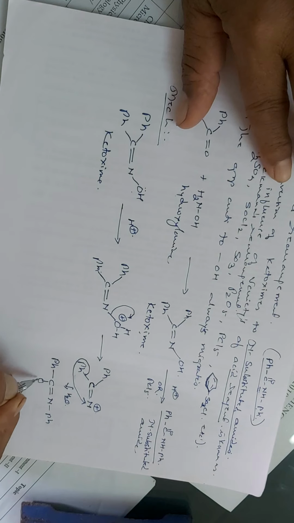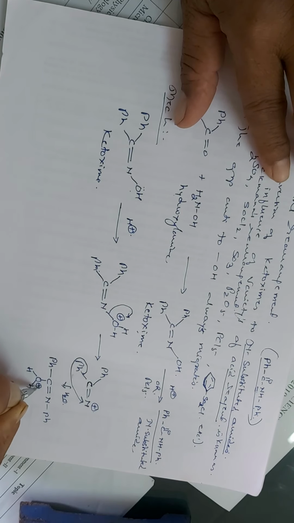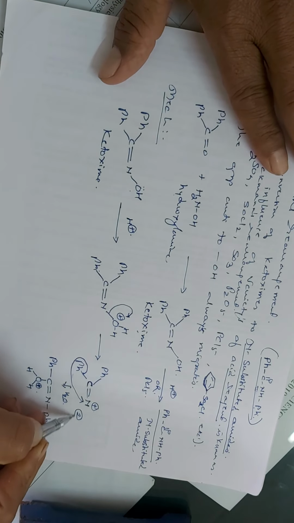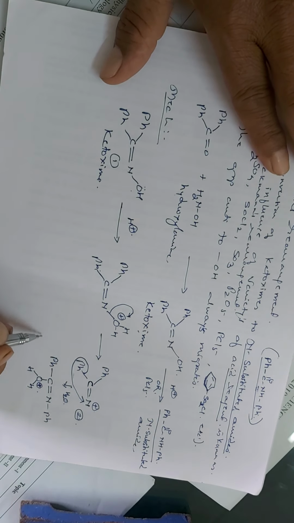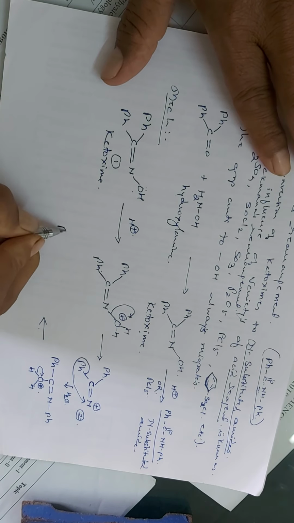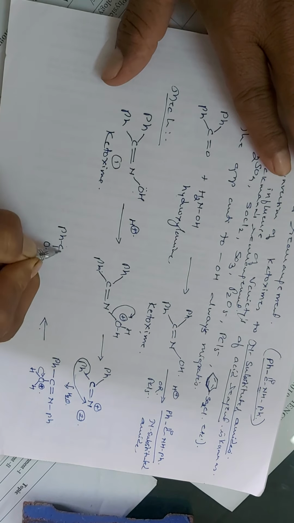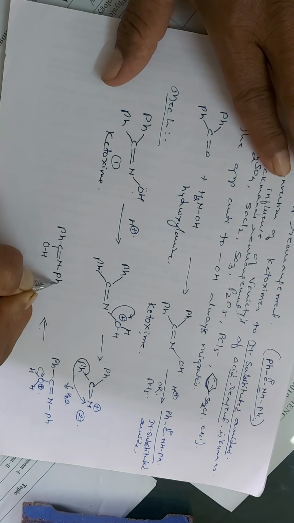The water molecule attaches here, and you get this type of intermediate. This is the electron deficient carbon, and then further it gives the electron pair, and you get Ph C OH, N double bond N Ph.